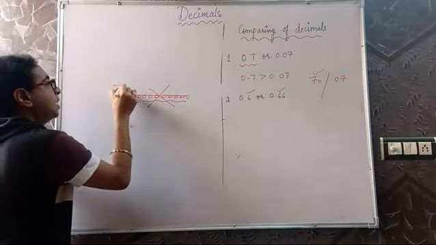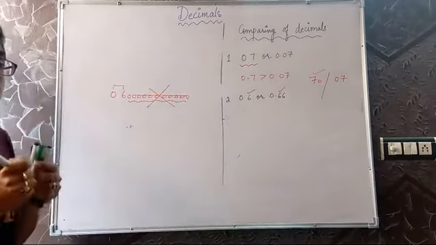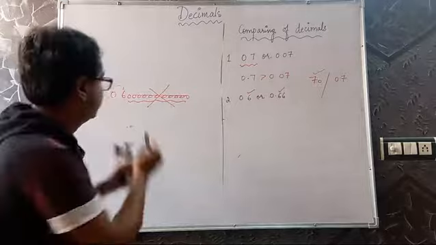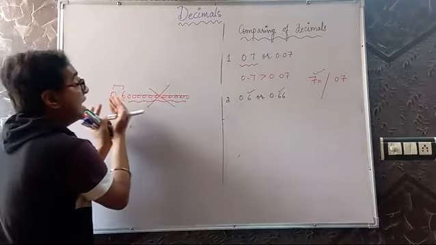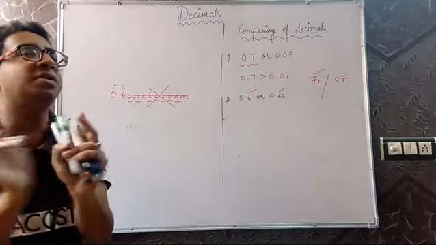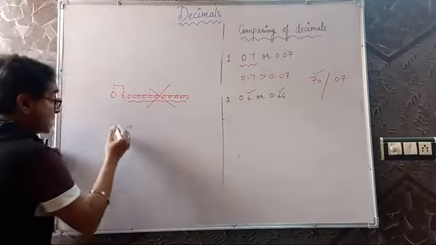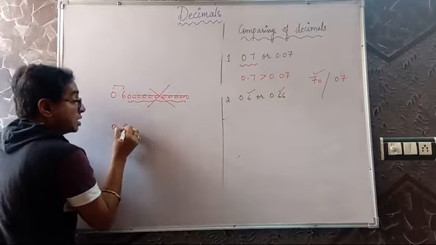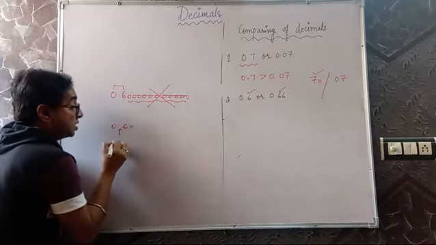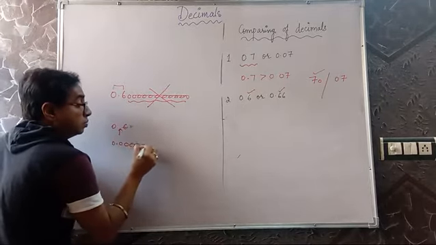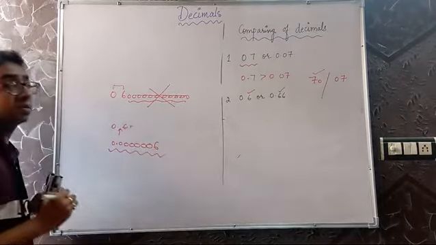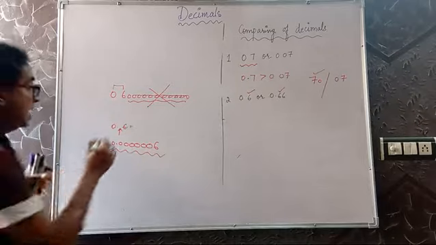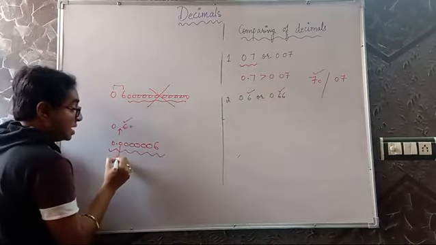The result will remain 0.6 only. So after the decimal, if any digit is there and after that digit you put any number of zeros, the result will remain the same. There is no change. But if you are writing like this, you cannot put zeros here. Then it is a different number. Why? Here 10th place 6, but here 0.